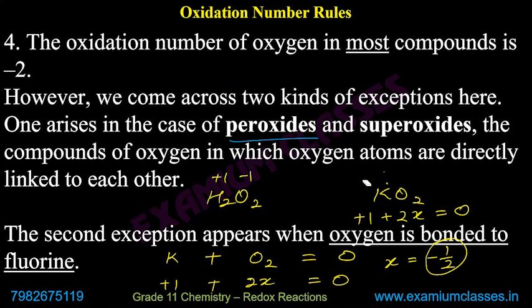Moreover, to identify, superoxides will have a greater number of oxygens as compared to their normal oxides. So for example, if for normal oxides we have K2O, the ratio is 2:1. For superoxide, the ratio is 1:2. If you multiply it by 2, it will be 2:4.